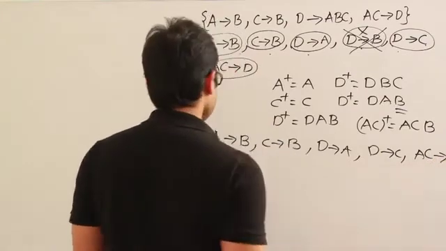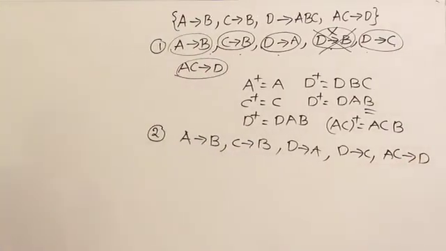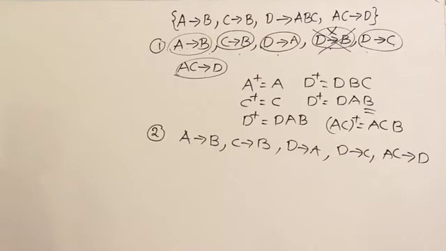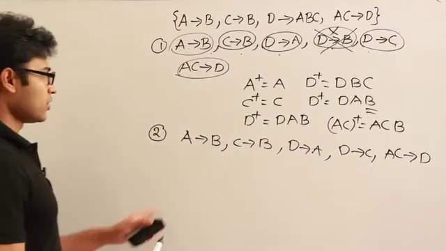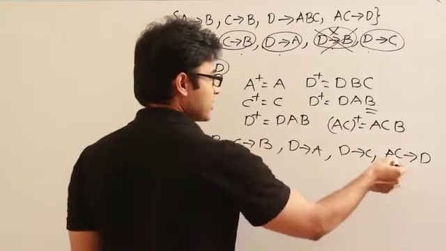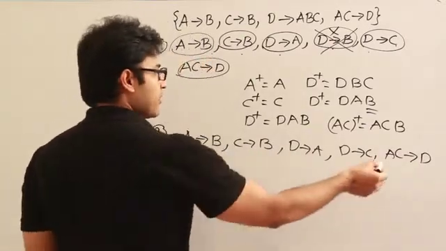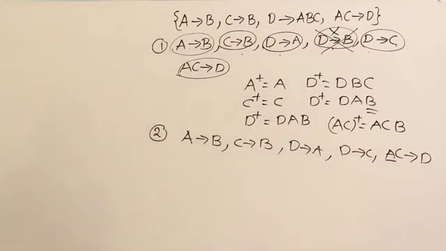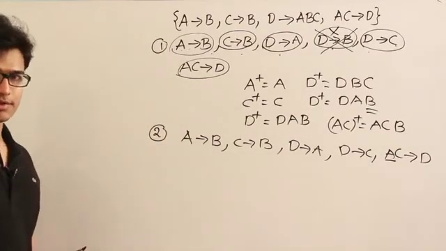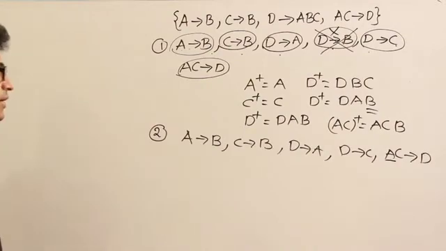And in the third step we are supposed to see if we could delete one of the left hand side attributes, right? So if you see the left hand side attributes, only this one contains 2 attributes. Now I want to see if I could delete A. So how can we check it? Find out C plus. If it contains A, you can delete A, right?